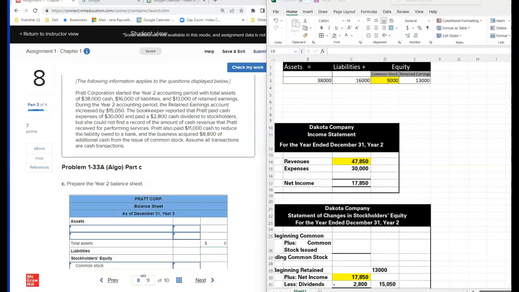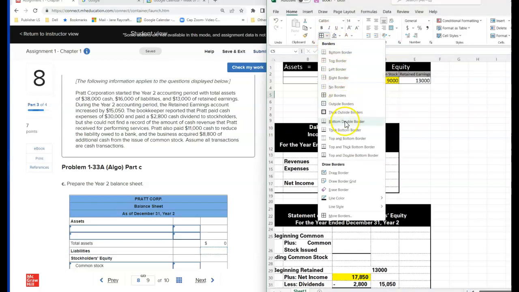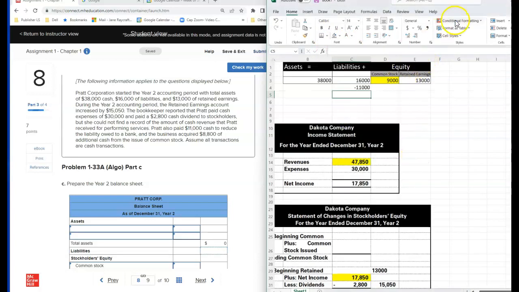All right, on to the next part of this question. Down here, it says we paid $11,000 to reduce the liability owed to the bank. So if our liability started out with $16,000, but we paid off $11,000, that means our total here is going to be $5,000.